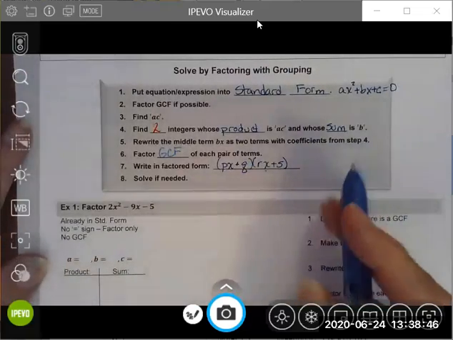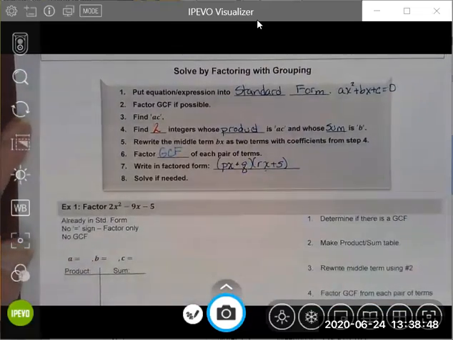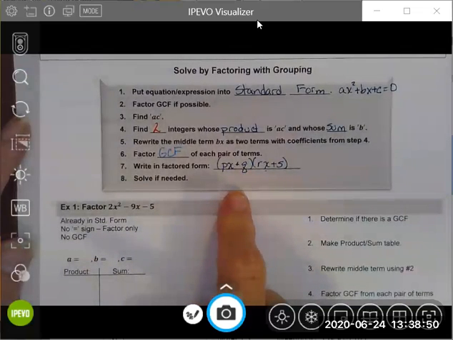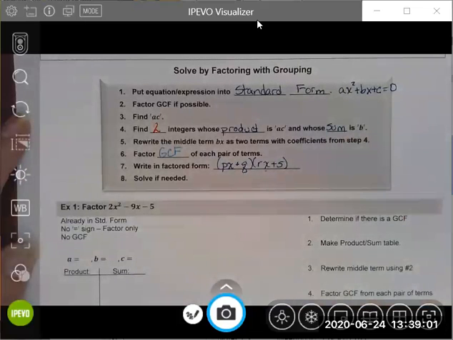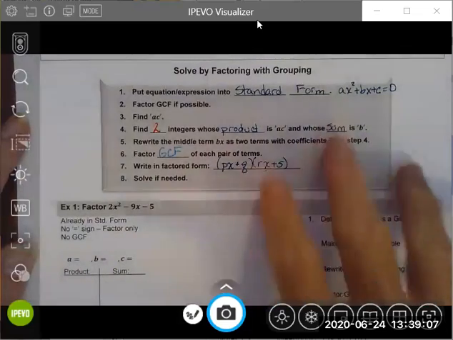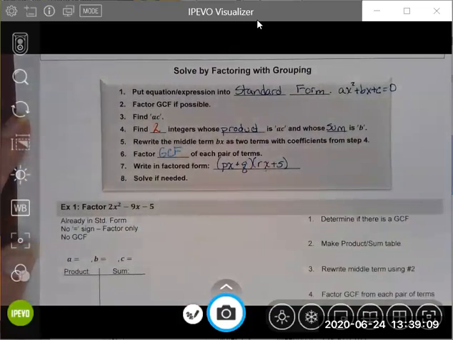I just made up the letters, so forgive me for that. Those are the steps, folks. If you do this often enough, it becomes pretty easy to do. And it lends itself really well to when we start talking about functions that have a higher exponent than just 2. So we will use grouping again in this unit, or in this year, just with higher degree polynomials.